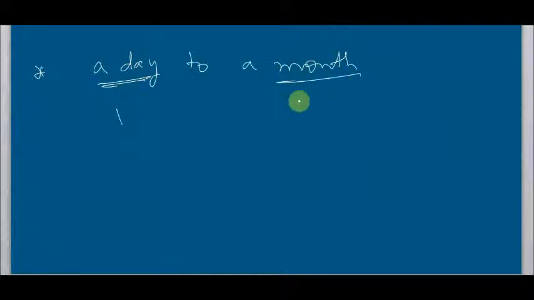And a month, that means 30 days. One thing you have to remember is that both the units must be the same. So what can you write? 1 will be the numerator, a day to a month, 1 by 30. Clear?